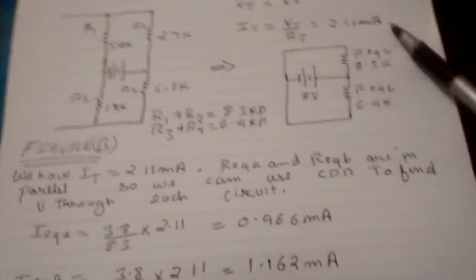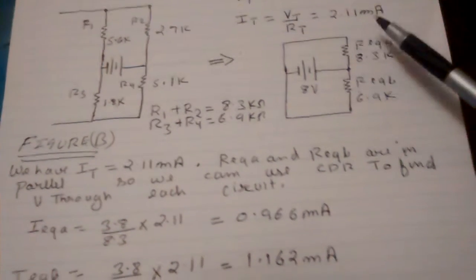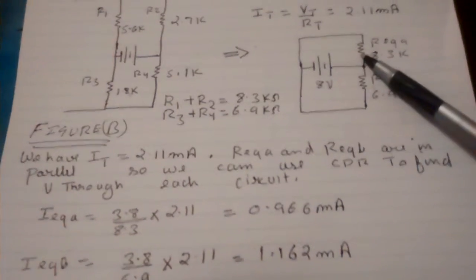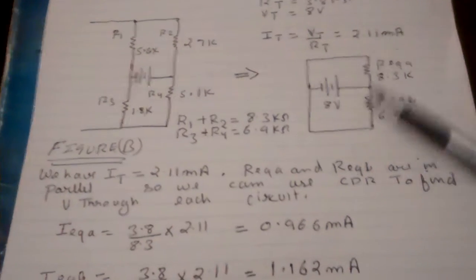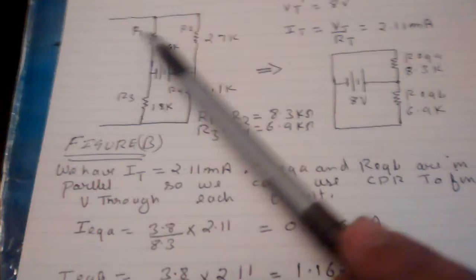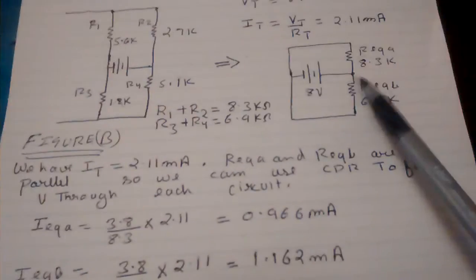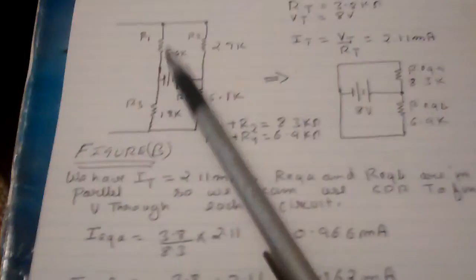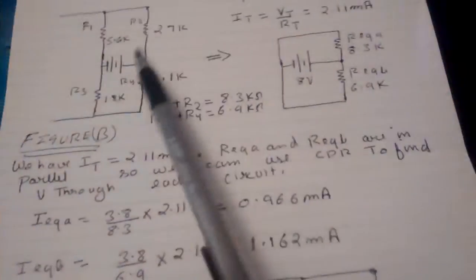we have a look here. If we see that these two resistors are in parallel, we can't find the voltages for these two separately, but if we have the voltage for these two, the voltage is the same here. So we find the current, and the current for R equivalent A is the same here, and the current for R equivalent B is the same here.